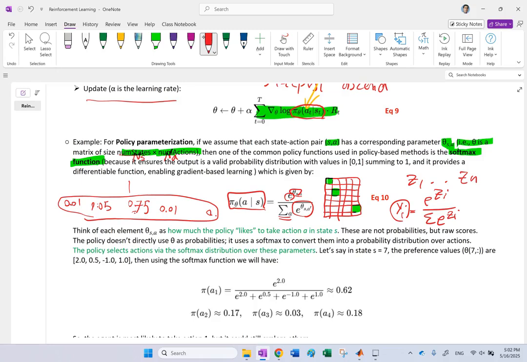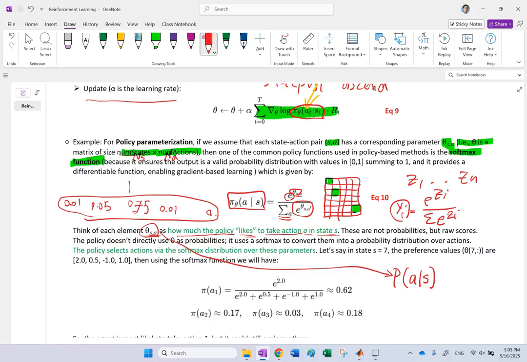The big thing is this. Each theta is how much the policy likes to take the action A in state S. So that is like the probability of taking A in state S. This theta is basically a representation of that probability.